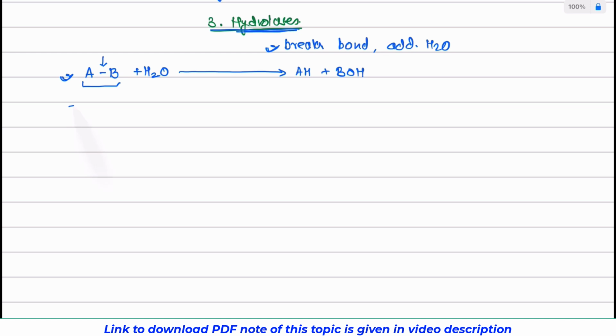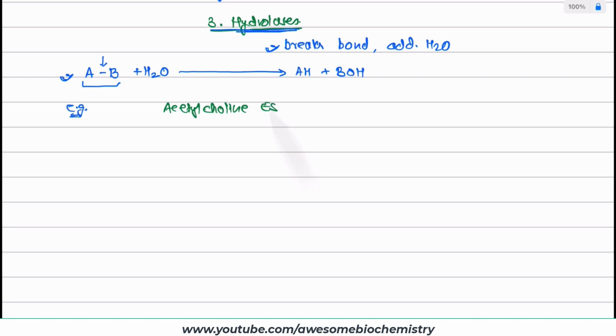One real life example of hydrolases is acetylcholine esterase. Its popular short form is AChE. Now, what does this enzyme do?